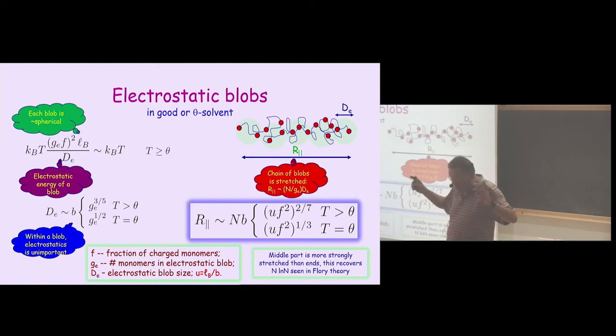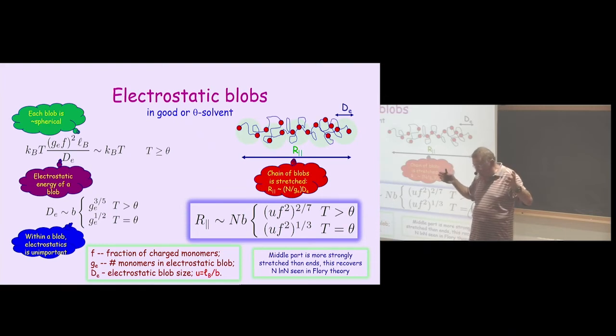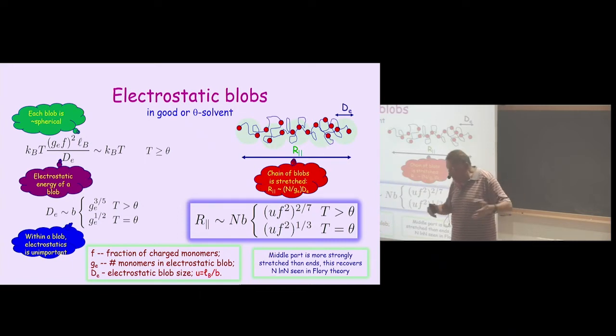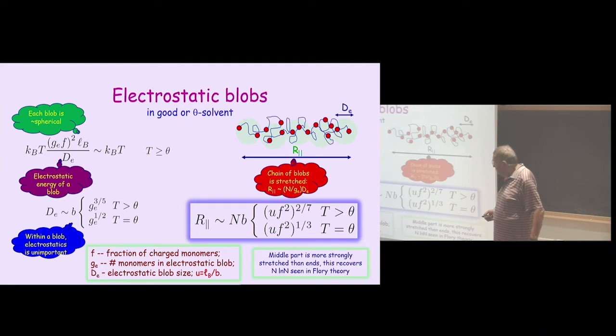So this is an important thing. I have Coulomb interaction, but on top of it, I have, of course, everything else. All these van der Waals interactions between polymer and solvent and all of this is present. So the solvent may be theta solvent, maybe a good solvent, maybe anything else. So depending on this, you will have different relations.